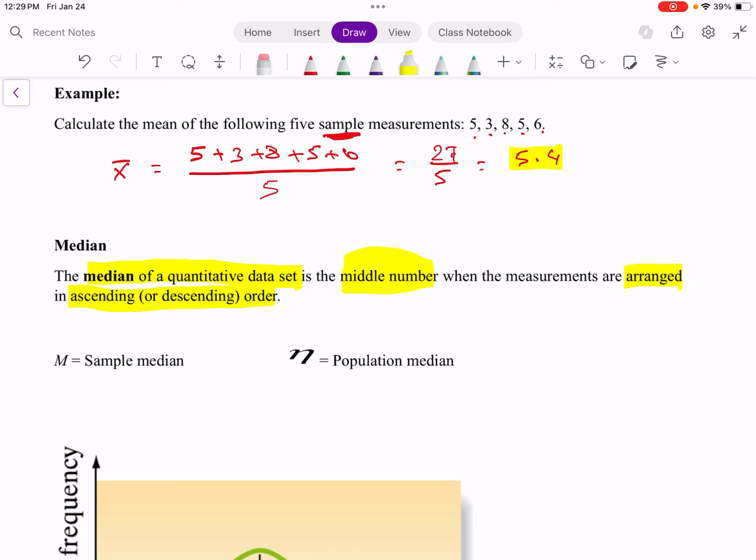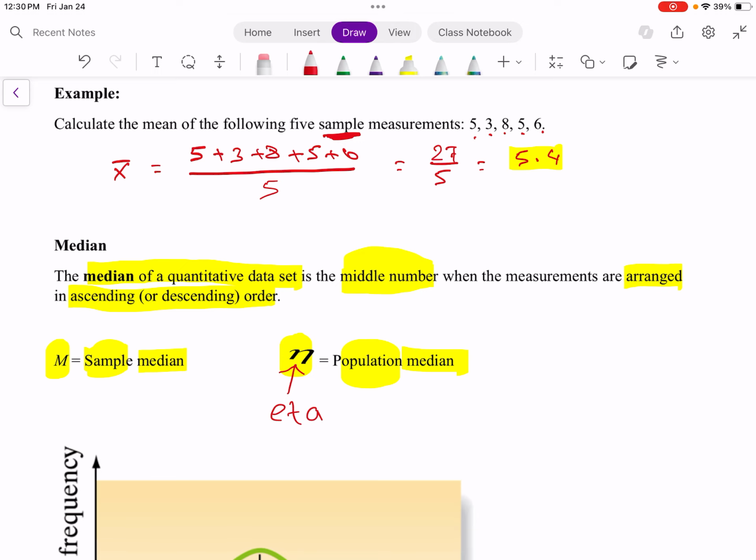That middle number is the median. If we are calculating the median of a sample, we use M, and if we are calculating the median of a population, we use eta. Mu is for population mean, eta is for population median, x bar is for sample mean, and M is for sample median.